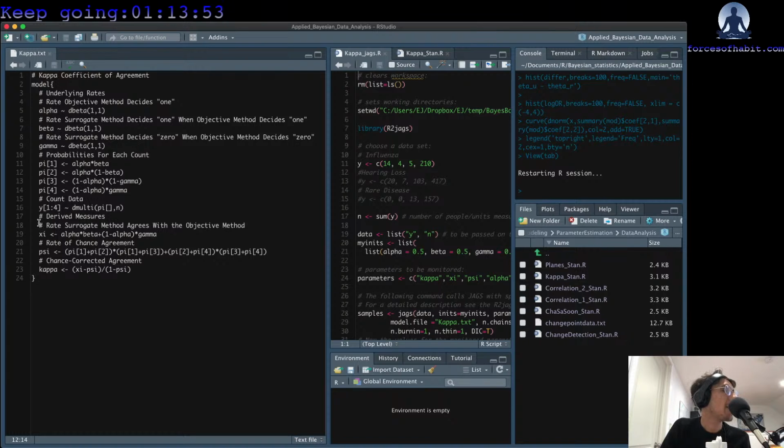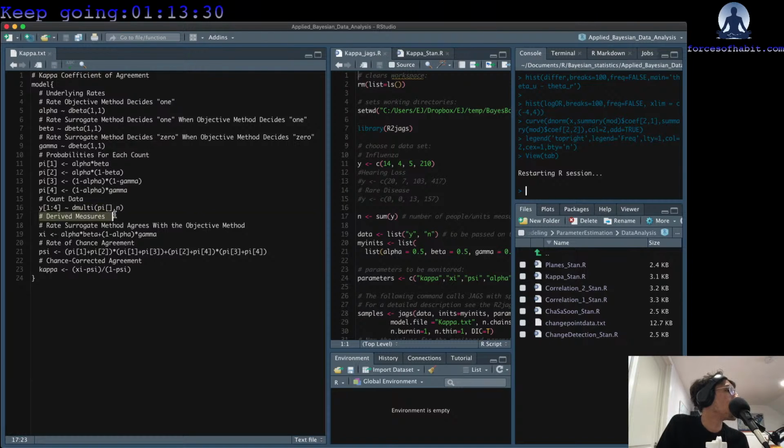Now we have the count data itself. For each one of our 4 probabilities, we're going to make a multinomial distribution of pi corresponding to one of the 4 and n number of observations.